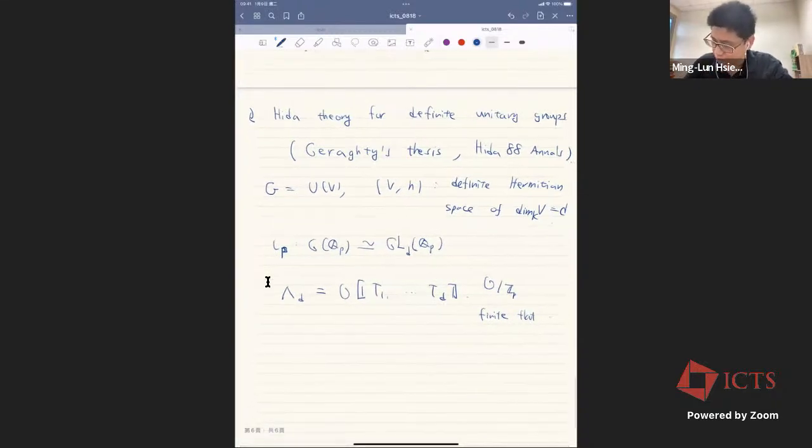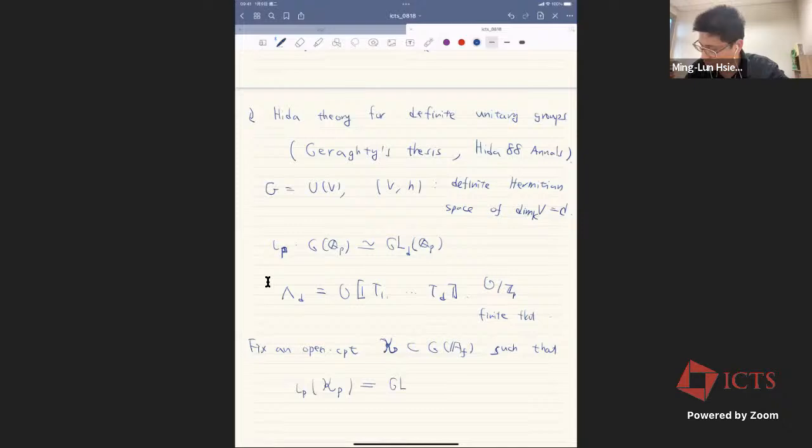Okay, and I fix an open compact subgroup K of G(A_F) such that the p component of this open compact subgroup is precisely GL_D(Z_p).